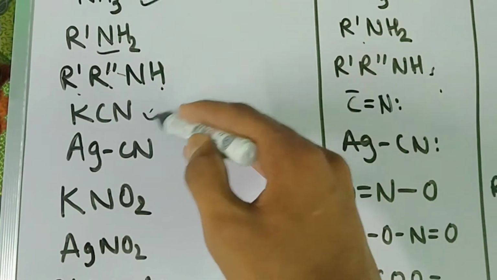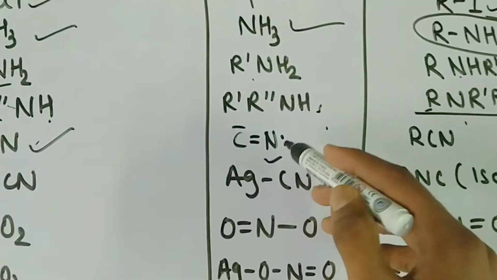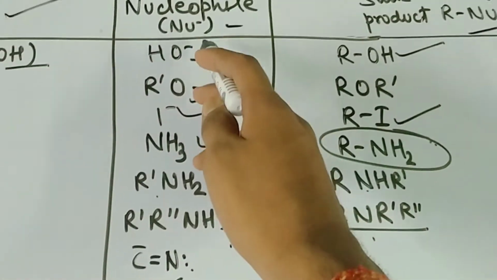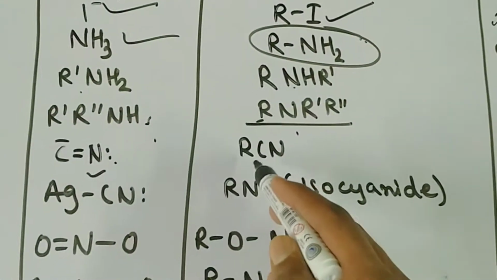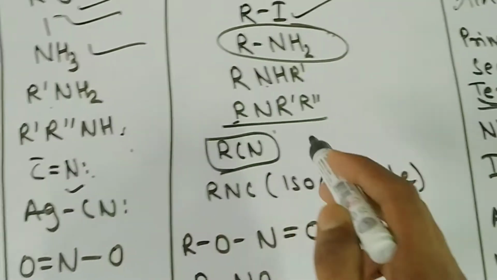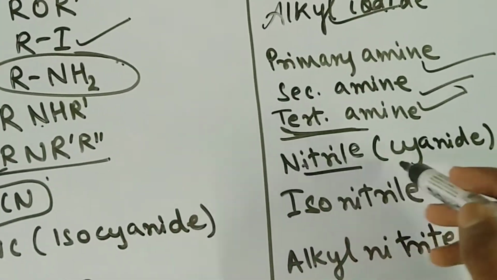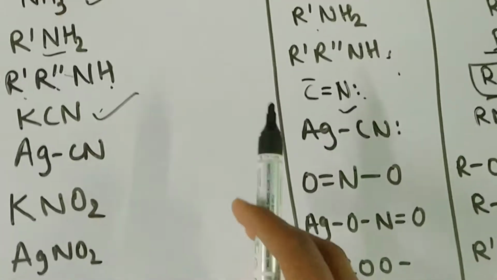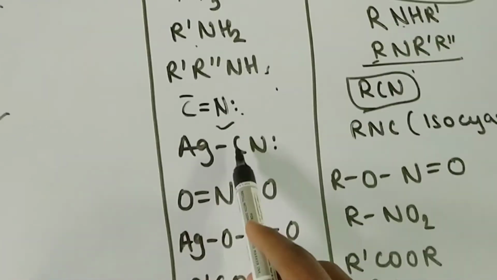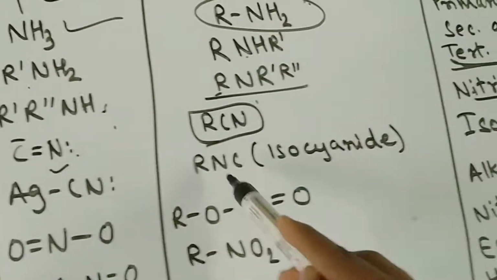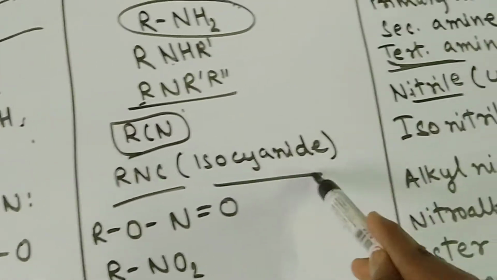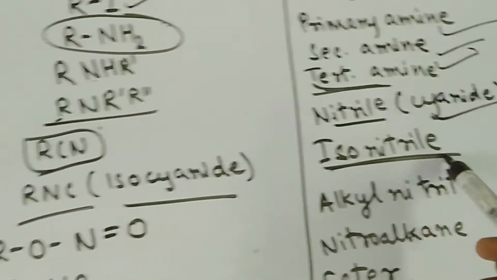It goes on with KCN. KCN gives CN-, the cyanide nucleophile, and it attacks and we get RCN, which is also called nitrile or cyanide. Again we have AgCN, and we get RNC, isocyanide, which is isonitrile.